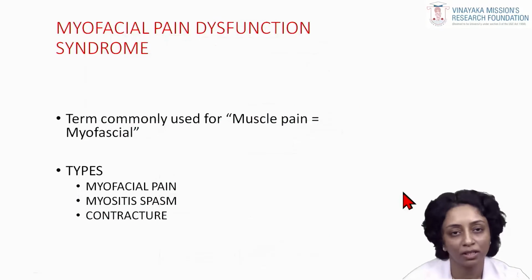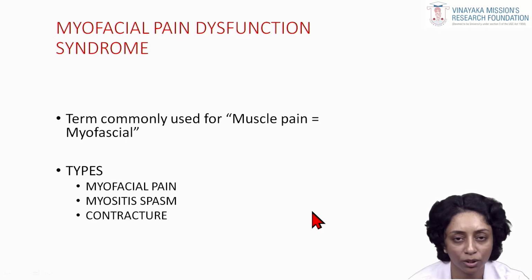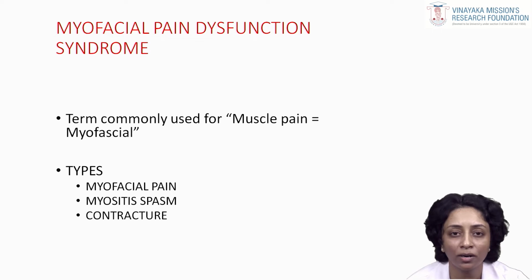The first classification was under muscles. If there is any problem with the muscles of mastication, it will be grouped under the category called myofascial pain dysfunction syndrome, or MPDS in short, which represents the muscle pain. The muscle pain can be due to soreness or overactivity of the muscles of mastication, or improper denture placement, or overhanging restoration.